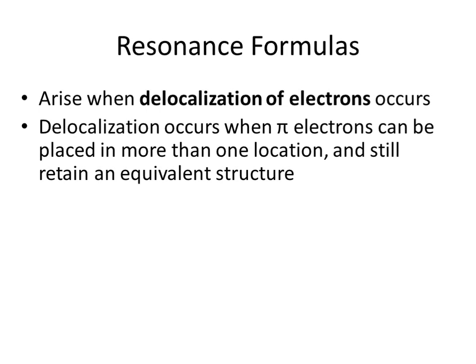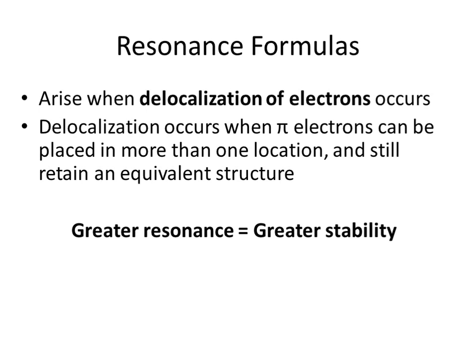And so you could very easily have sideways overlapping between any of those 2 adjacent p orbitals, which gives rise to the 2 different structures that we saw. The greater the resonance, the greater the stability of your compound.